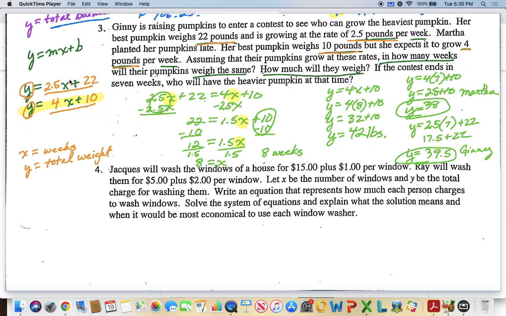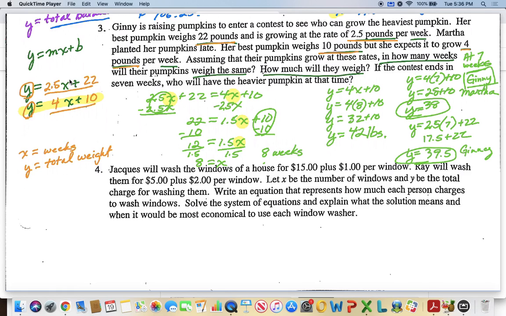So it looks like at 7 weeks, Ginny has the heaviest pumpkin. And they will have the same weight in 8 weeks.